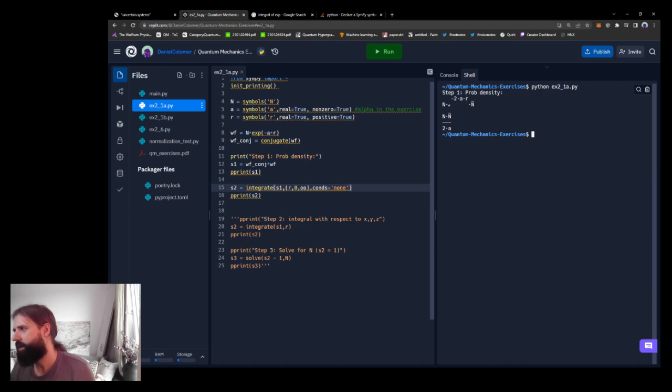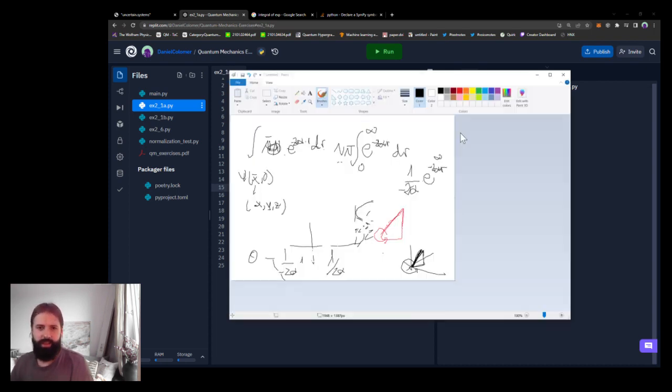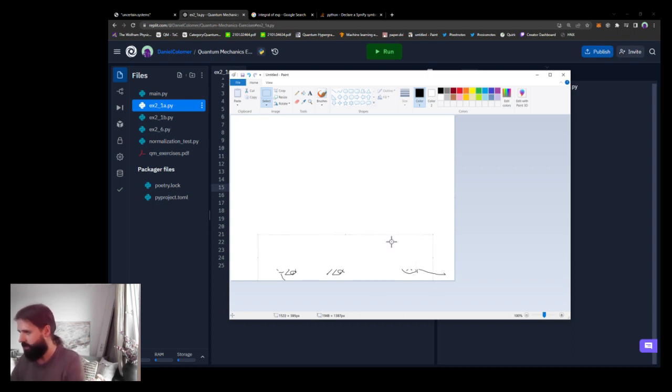Something tells me that if I just have this solution, and let's assume that this is just n squared and not n times the conjugate, and then this is 2a, but I still need to multiply this by 2 pi, right?